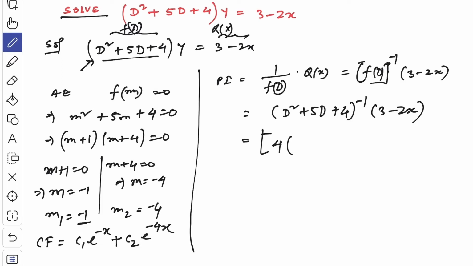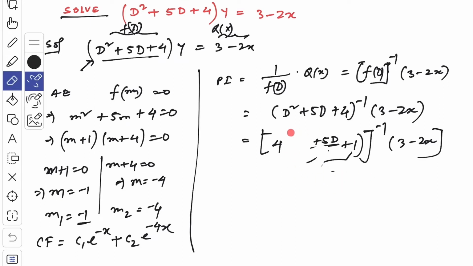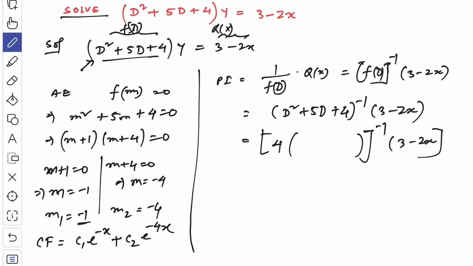Then taking 4 common, here you will get [4(1 + (D² + 5D)/4)] whole inverse, then 3 − 2x. Now this can be written as 1 + (D² + 5D)/4 as well. So let me write it that way.